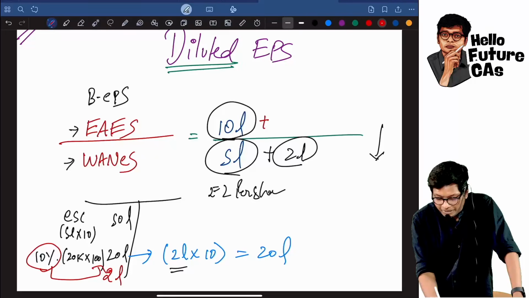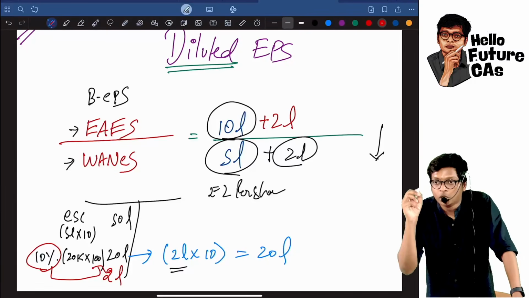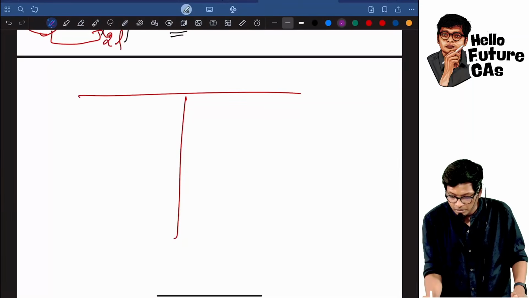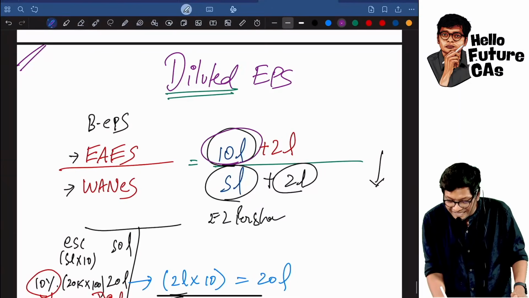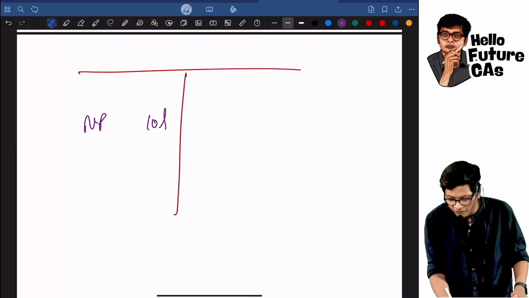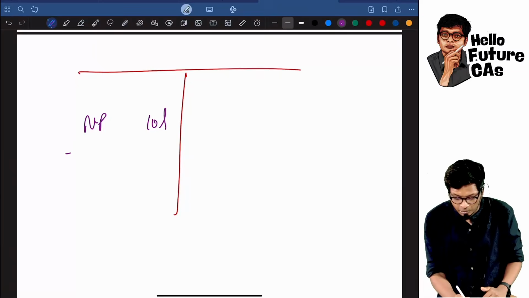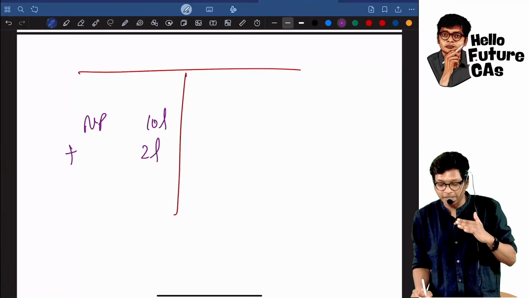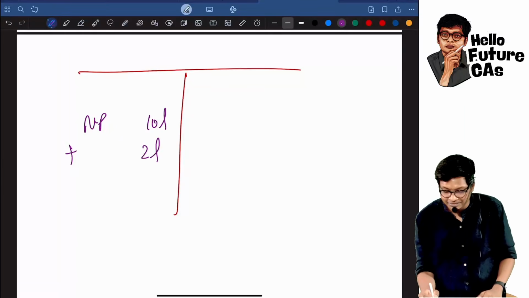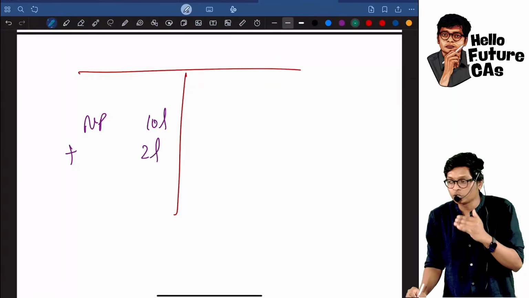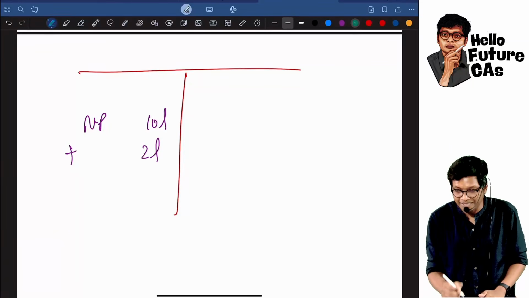So my numerator also is going to increase by 2 lakhs. My net profit, which was 10 lakhs after tax, is now going to increase by another 2 lakhs. So if my net profit is going to increase, tax will also increase. So I have to pay additional tax.